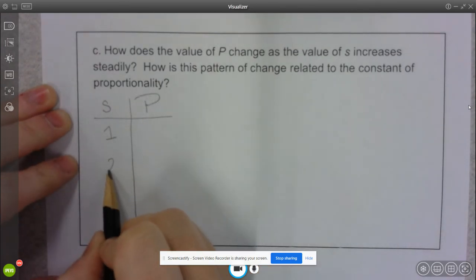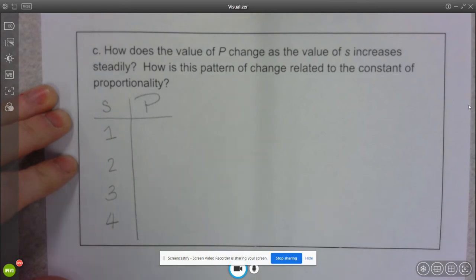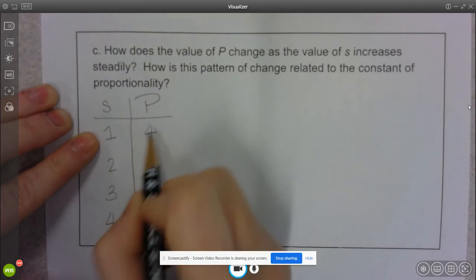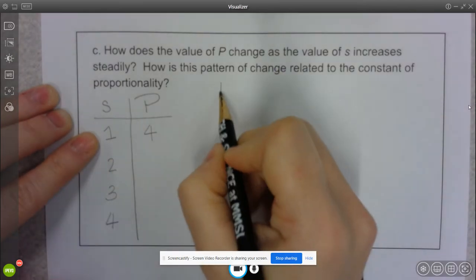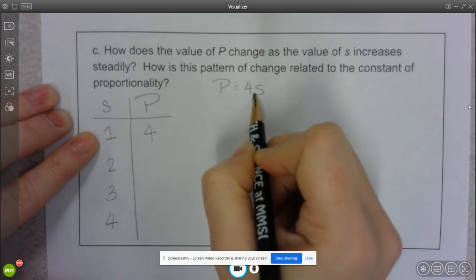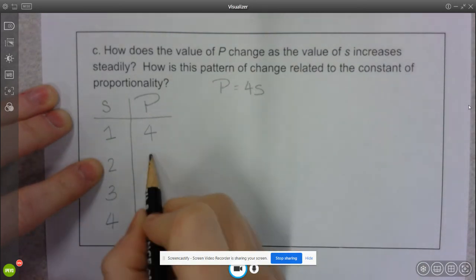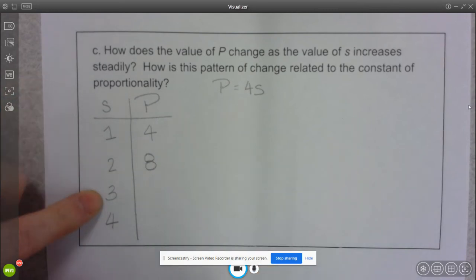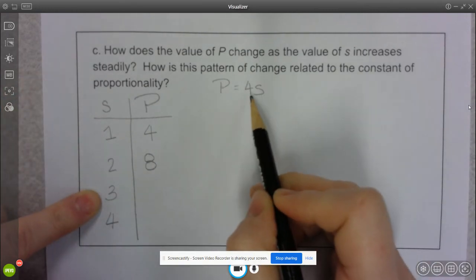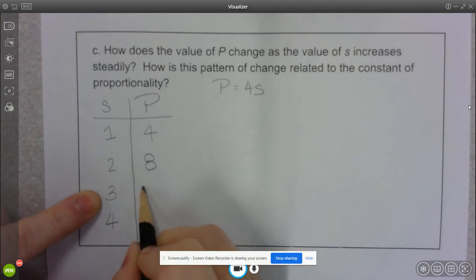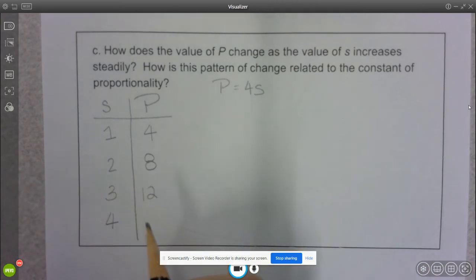Let's just look at 1, 2, 3, and 4 for side lengths. If my side length is 1, my perimeter would be 4, because I'm using P equals 4s. My side length is 2, 4 times 2 makes 8. If my side length is 3, 4 times 3 gives me 12. And if my side length is 4, my perimeter should be 16.